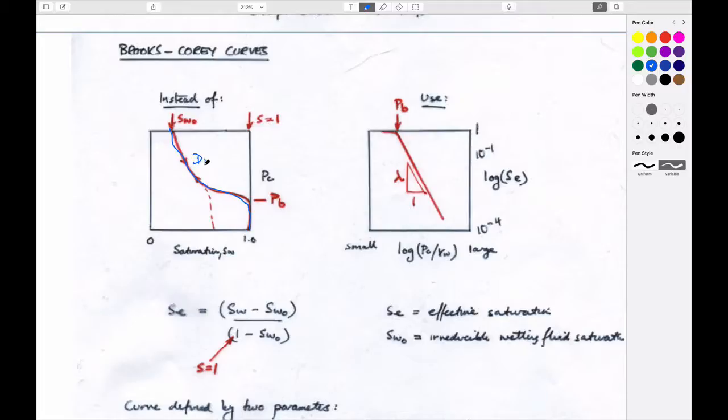This is drainage. And if instead of writing this just as a natural scale, we write it as a log scale, we switch the axes. And if instead of writing this as a capillary pressure, we divide it through by the unit weight of the fluid and take it as a log and replot those data, then this graph exactly plots like this.